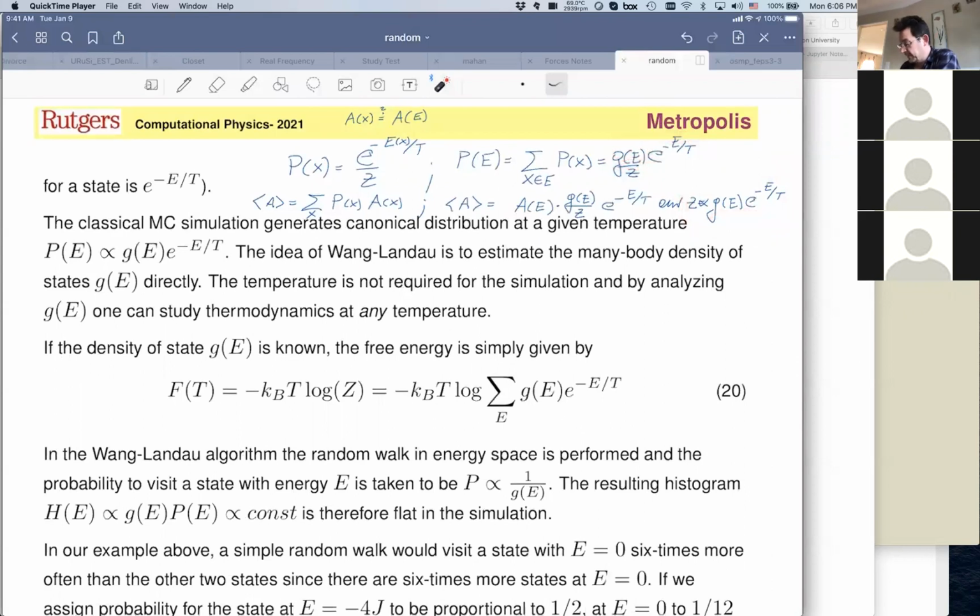Therefore we know that the free energy is minus k Boltzmann times T log Z. This comes from knowing thermodynamics. Therefore, the free energy is going to be minus k Boltzmann times T log of the sum of G of E times e to the minus E over T. Of course, the alternative is to calculate any quantity that depends only on energy, and then multiply it with G of E times e to the minus E over T divided by Z. Of course, we're going to get the same result.